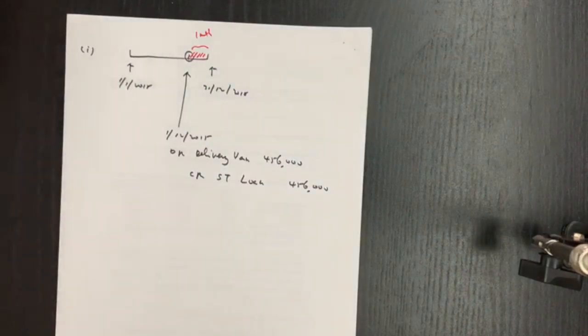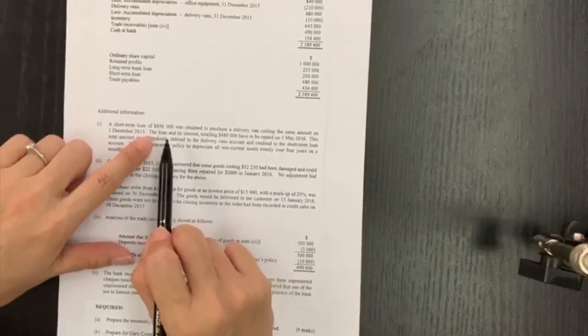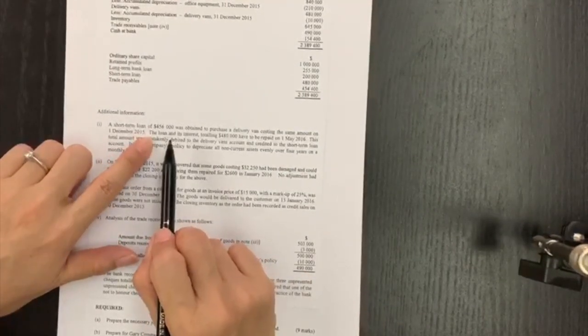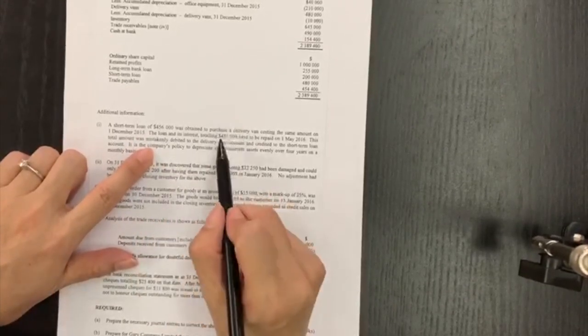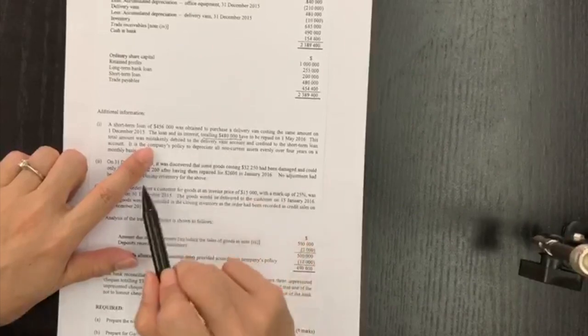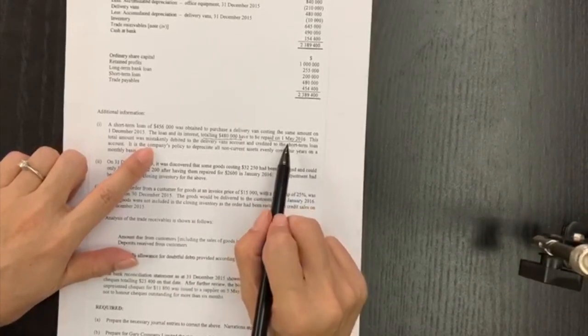Okay, if you go back to the question, for this loan we are not given any percentage to calculate interest. However, we have this: the loan and its interest, totaling 480,000, have to be repaid on 1st of May. Obviously this is less than 1 year, so that's why it is a short-term loan.